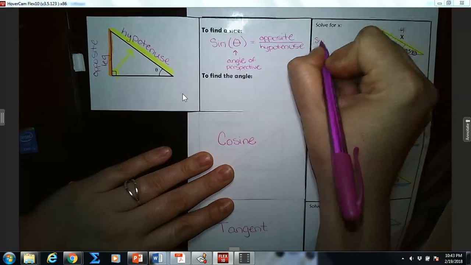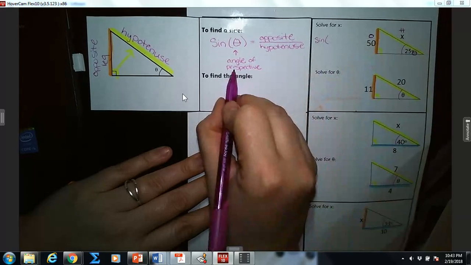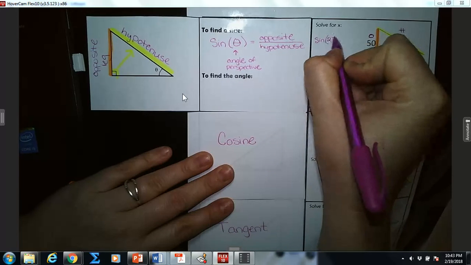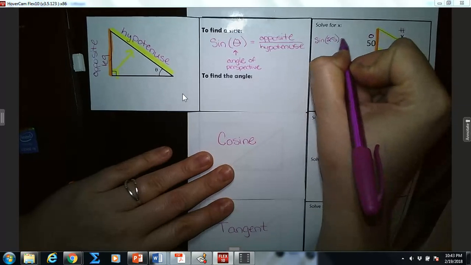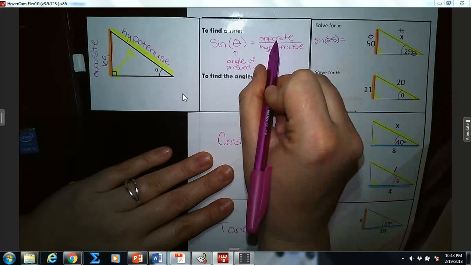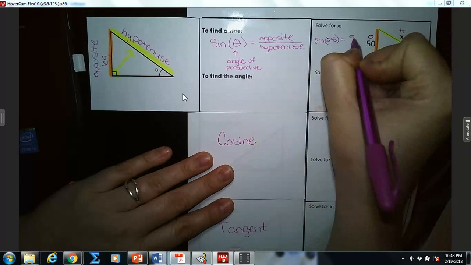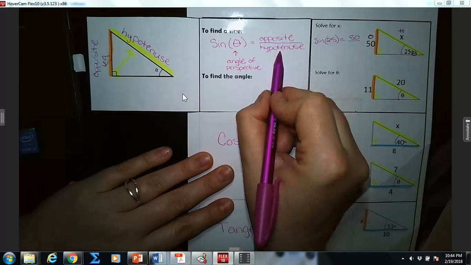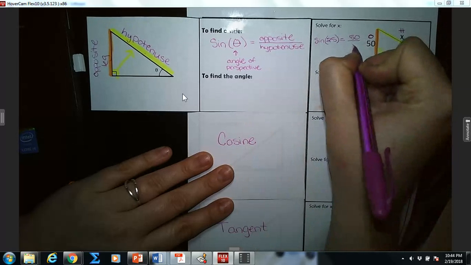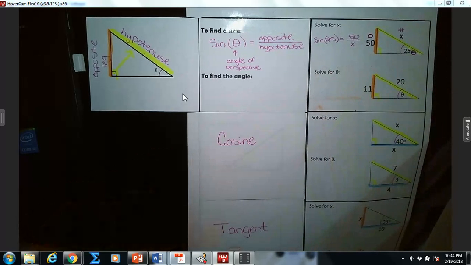Sine of the angle of perspective, which is 25, is equal to the opposite length, opposite is 50, over the hypotenuse length. And our hypotenuse is what we're trying to solve for. That's our x. Okay.